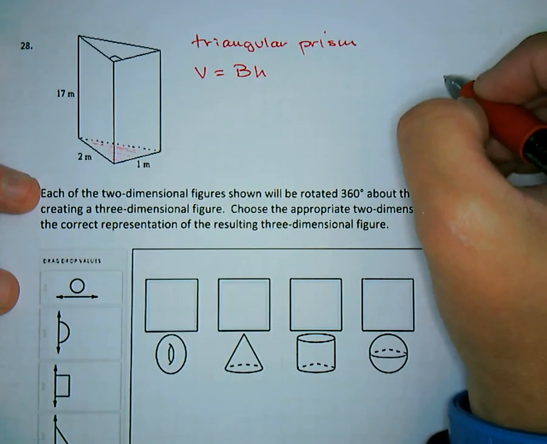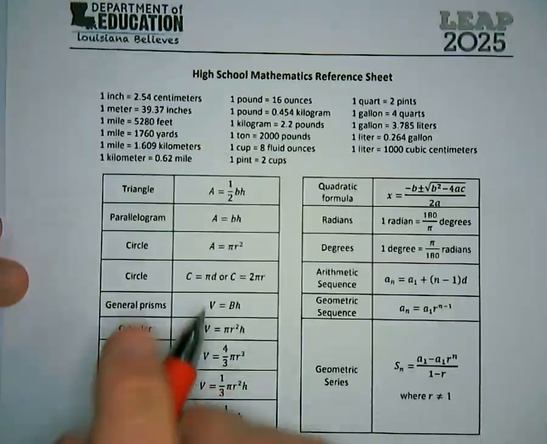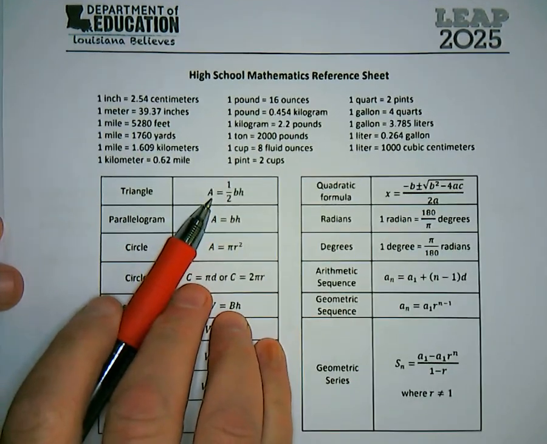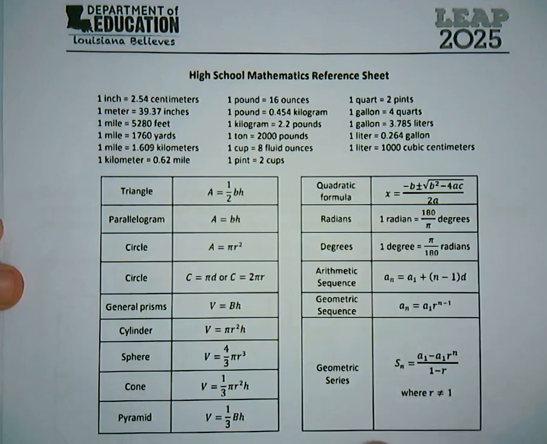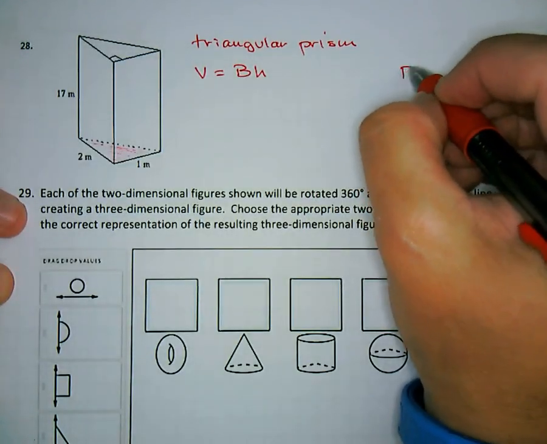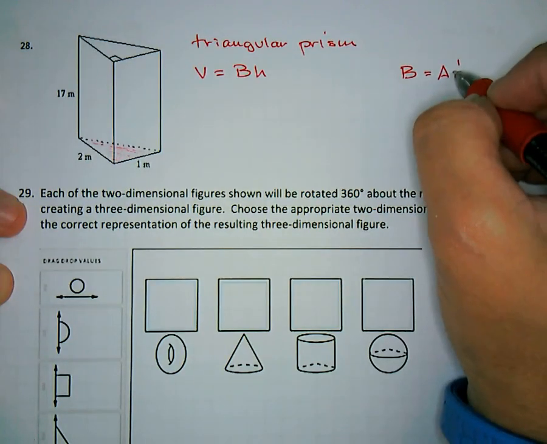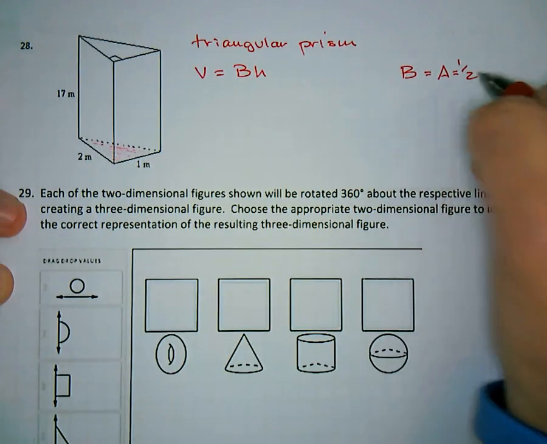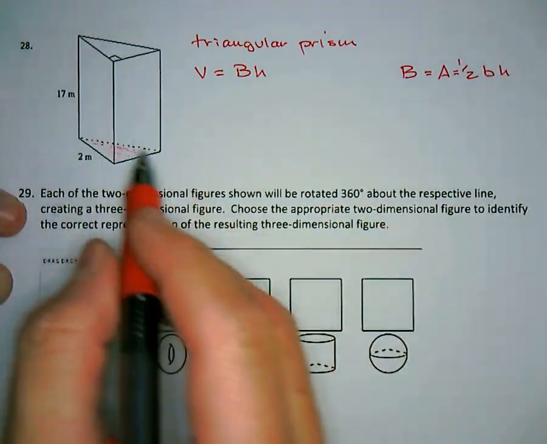So in our formula sheet, they actually have the area of a triangle is 1/2 small b h. So our base is a triangle, so it equals 1/2 of the base times the height. Now, which one's which really doesn't matter.